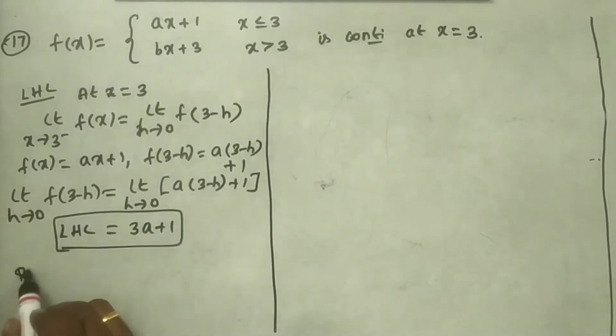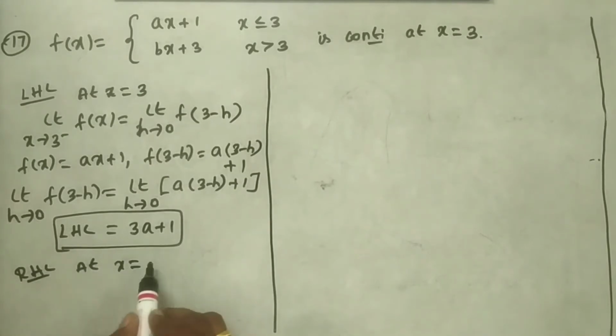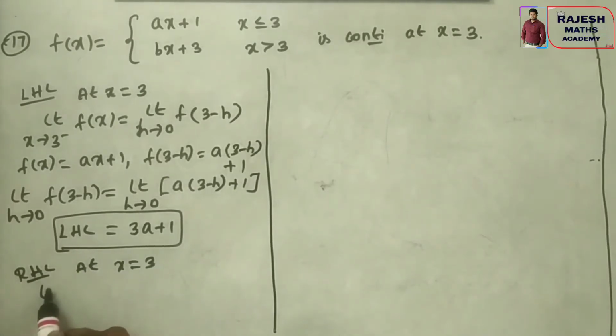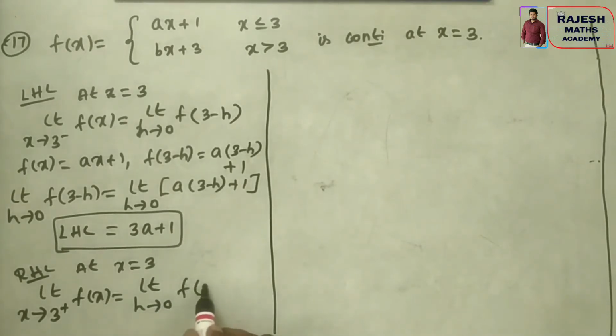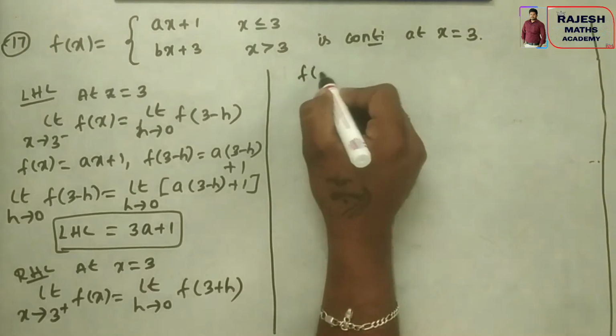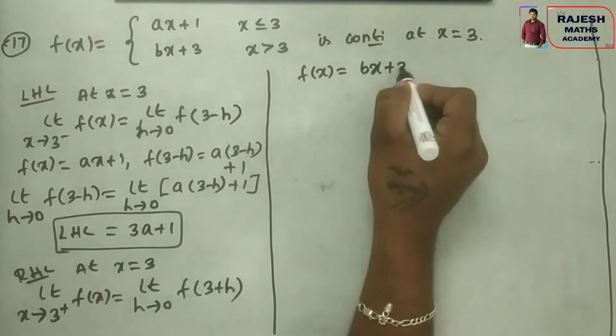So what about the RHL at x equal to 3? The definition of RHL is limit x tends to 3 plus f of x equals limit h tends to 0 f of 3 plus h. In this case, what is the value of f of x? It is the x greater than 3 case, so f of x is equal to bx plus 3.